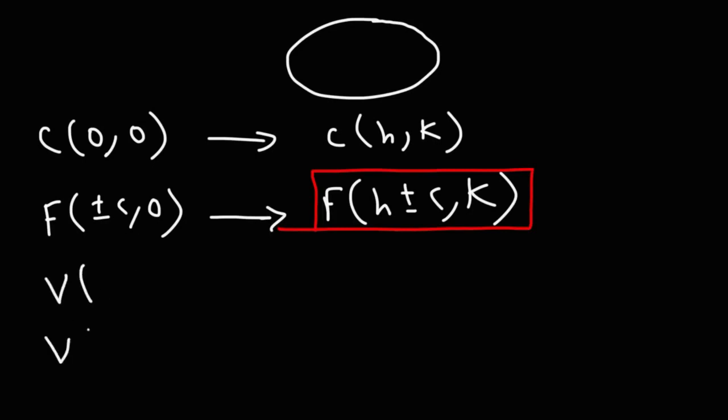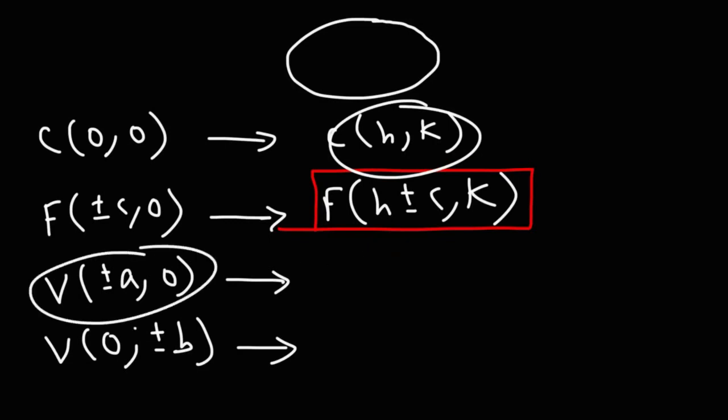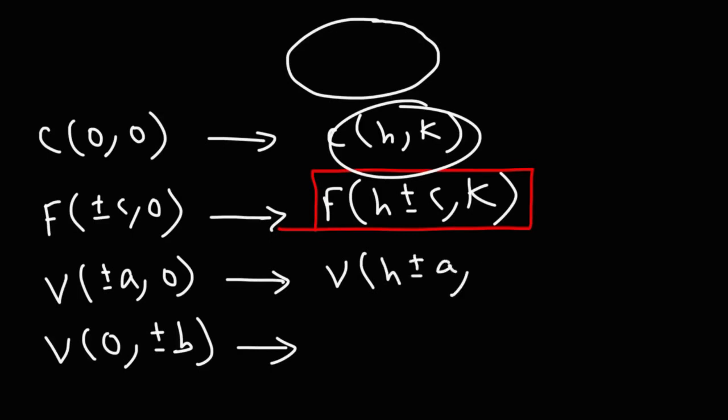Now the coordinates of the vertices are plus or minus a comma 0 and 0 comma plus or minus b. So when it's shifted, all you've got to do is add the coordinates of the center to the vertices to get the new ones. So to get the major vertices, it's going to be h plus or minus a comma k, and for the minor vertices, it's going to be h comma k plus or minus b.